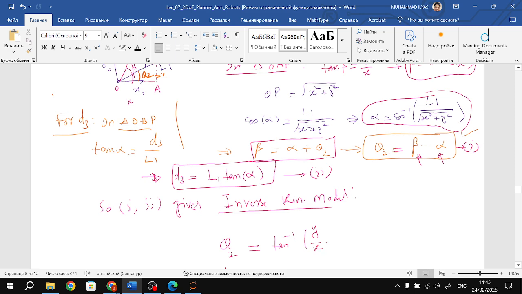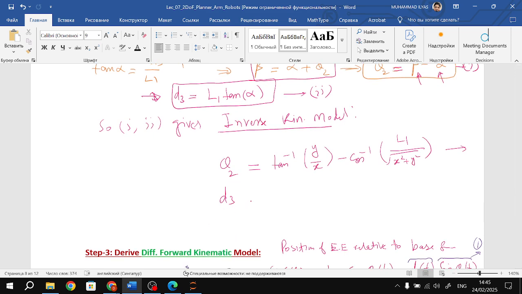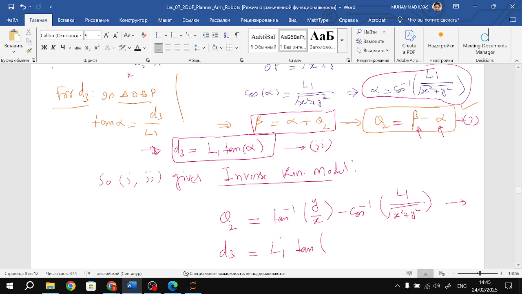Theta 2 will be this one minus alpha, cosine inverse of L1 over x, this one. So this is the complete form of the joint variable, right? Second, d3 is L1 tangent of alpha. What is alpha? Alpha is cosine inverse of L1 over x square plus y square under root.